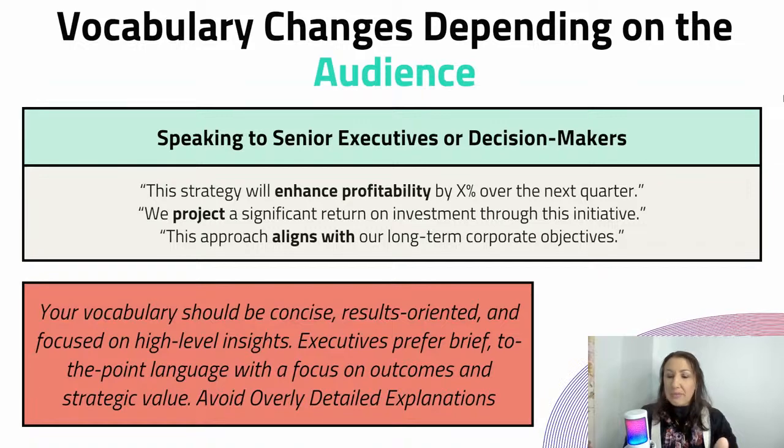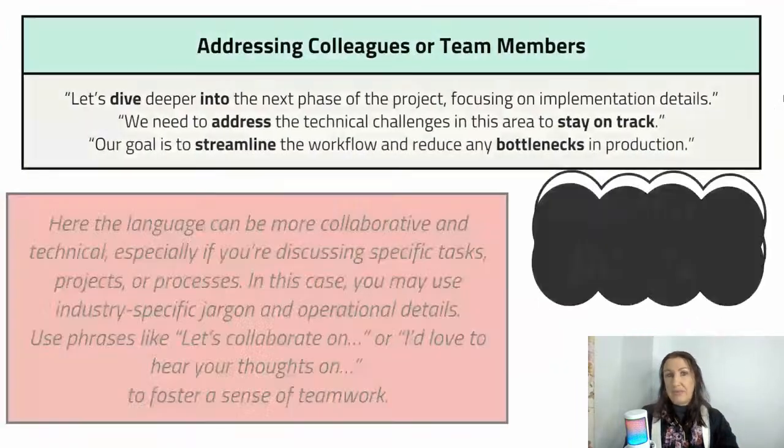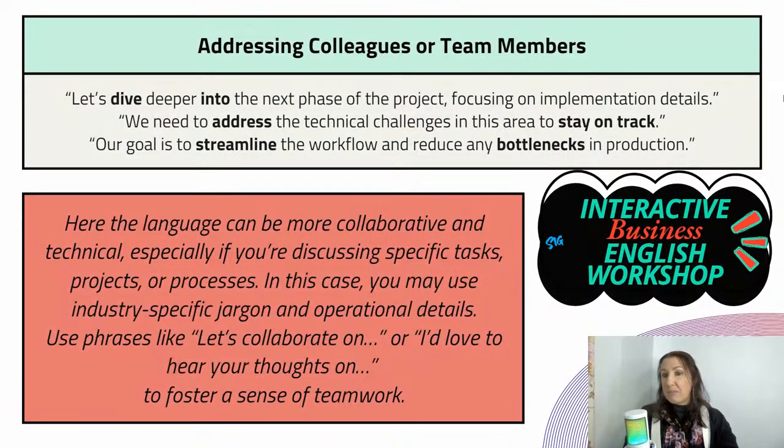They need to save time. That's it. Now, if you're talking to colleagues or team members, then you can use more phrasal verbs like stay on track, or you can use dive deeper into this. So the vocabulary can be more, maybe more technical.